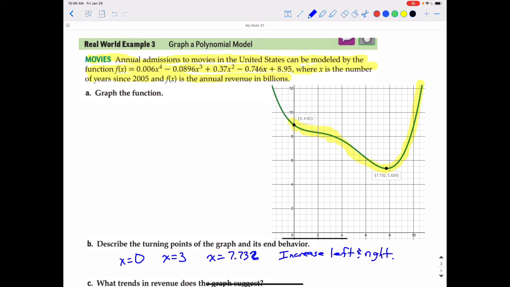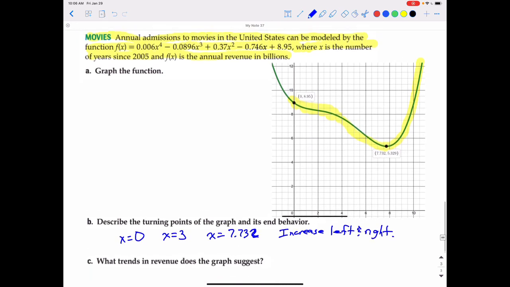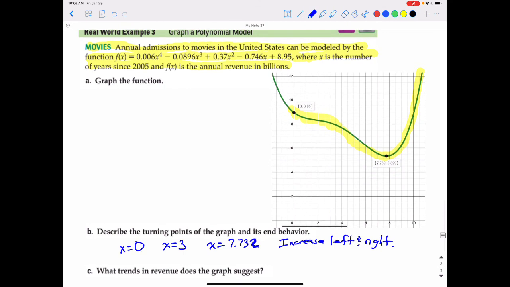The second question is, what trends in revenue does the graph suggest? So the trend in the revenue that the graph suggests is that the amount of money that movies are taking in has been decreasing for quite a while, starting from 2005. Remember, it says up here that x represents the number of years since 2005. So this point right here actually represents the year 2005.